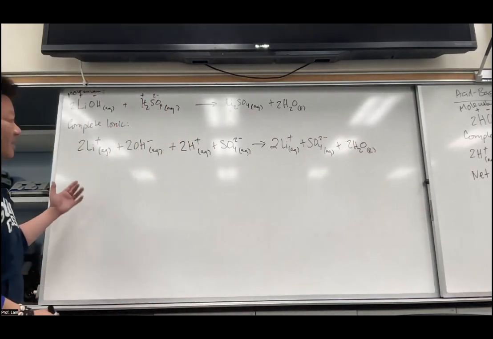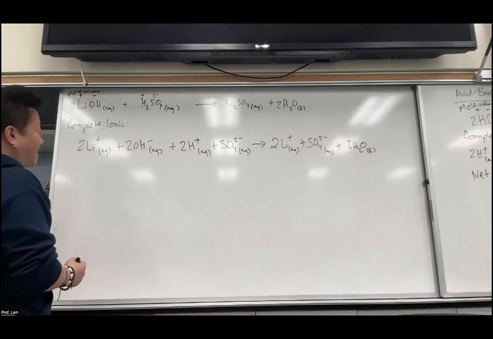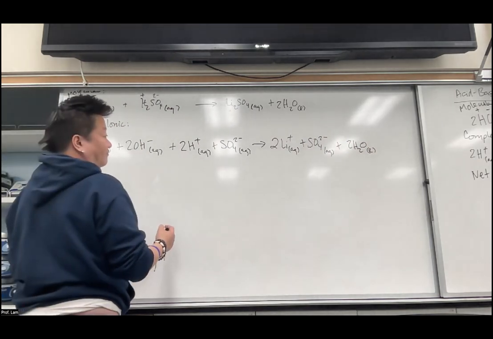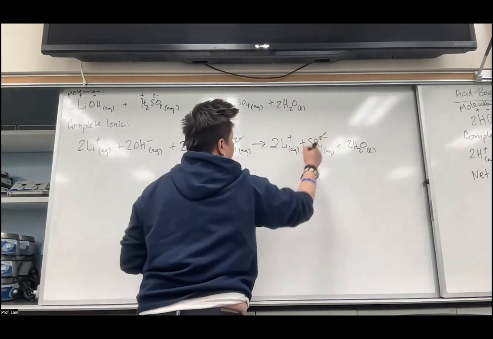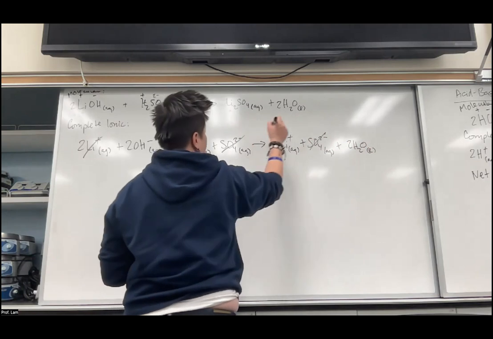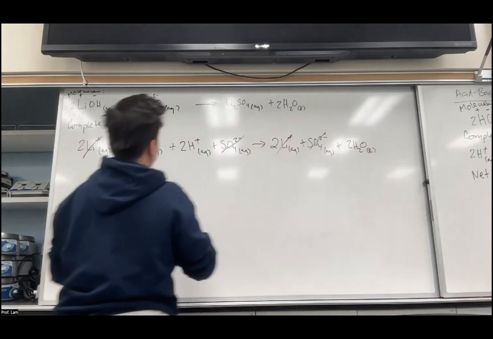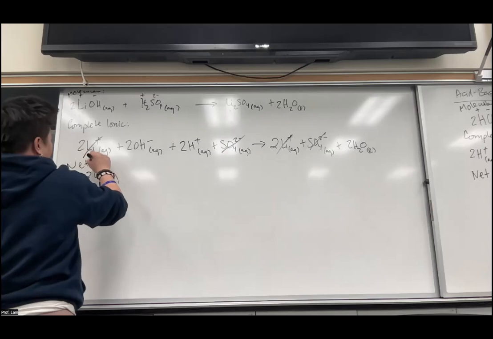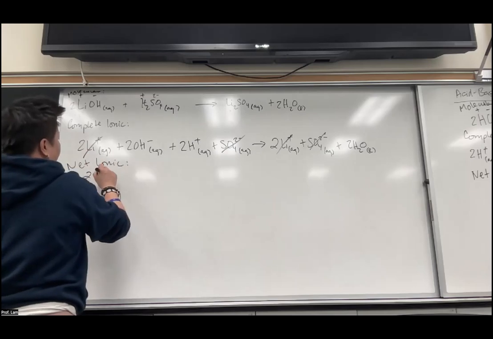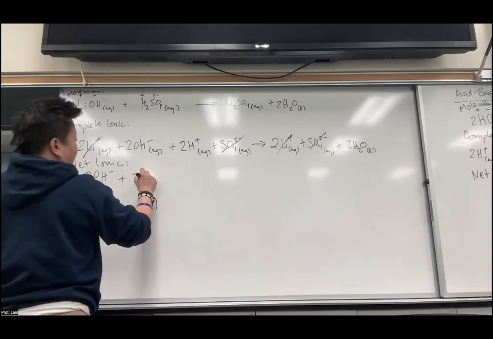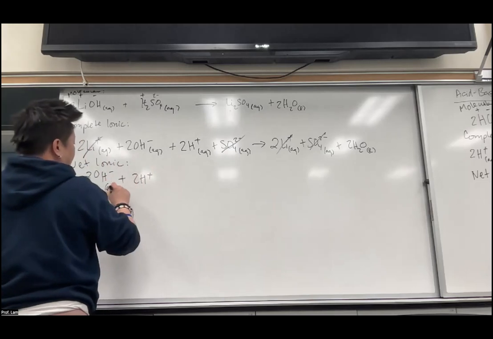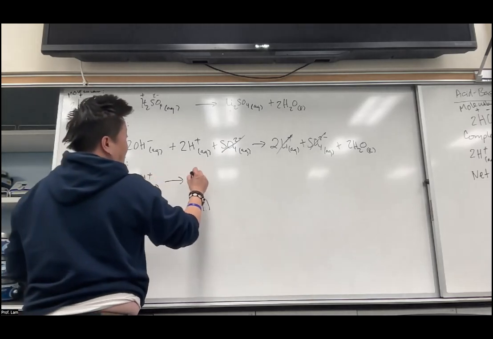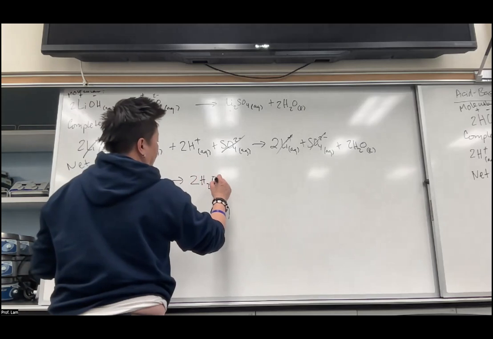Now we cancel things out that are the same on both sides. So what do we get? Sulfate is gone. Lithium is gone. And for the net ionic we have 2OH minus plus 2H plus goes to 2 waters again.